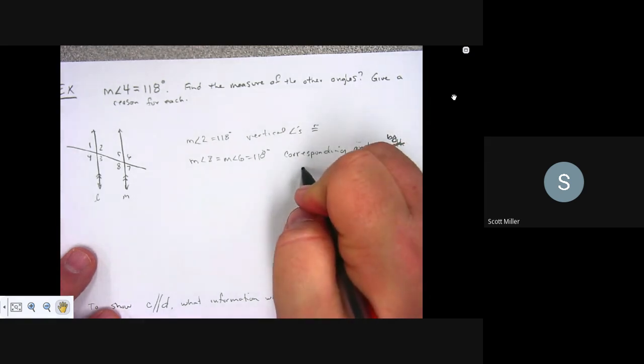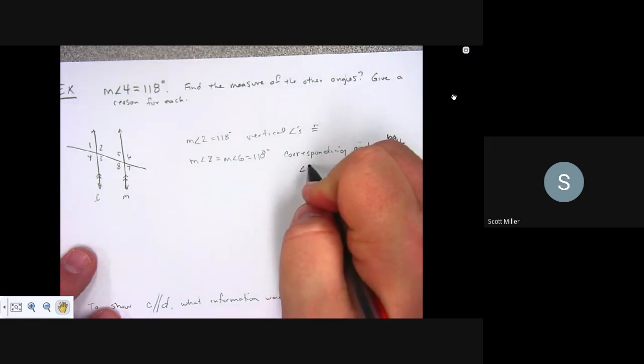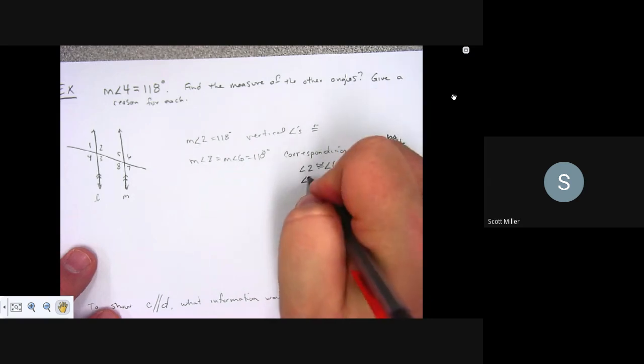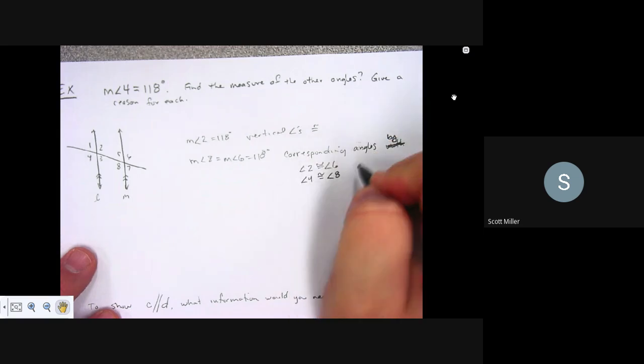Angle 2 is congruent to angle 6, and angle 4 is congruent to angle 8, corresponding angles.